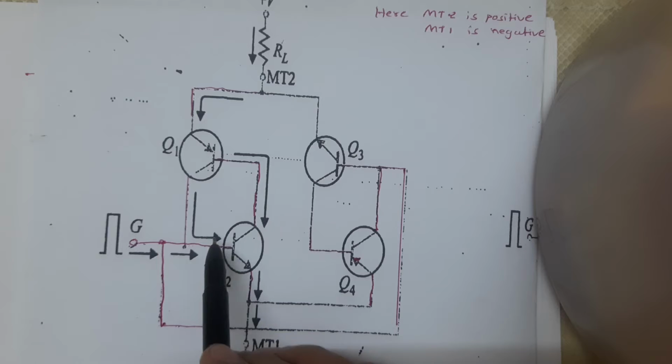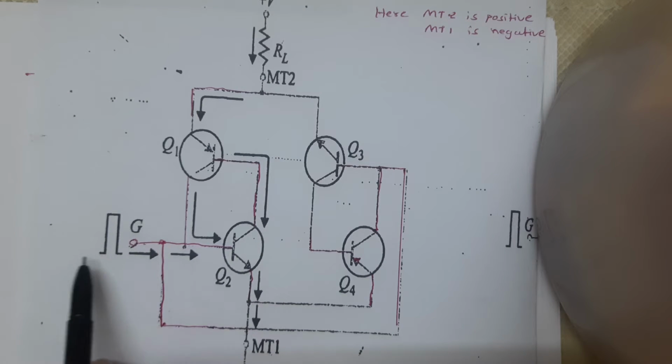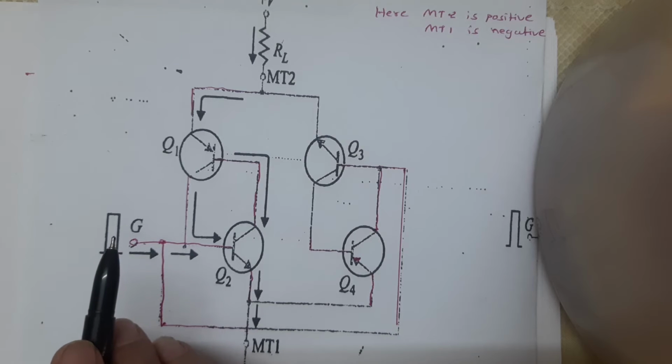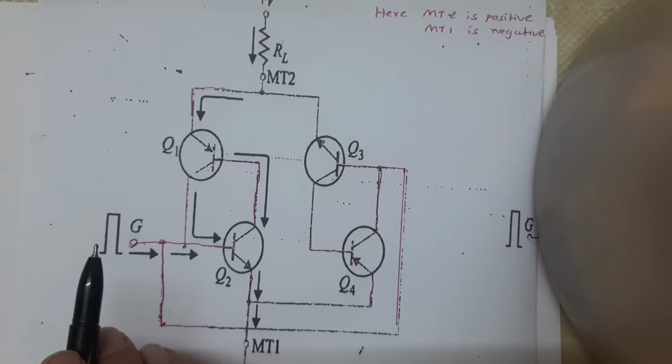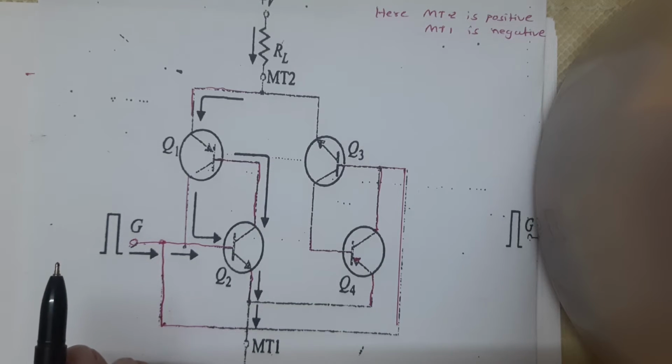From the gate we apply the signal, an AC signal or square wave or whatever we want to apply. Here, from the positive feedback, both transistors Q1 and Q2 are quickly driven to saturation and a large current flows through the load RL. This is as if a switch between MT2 and MT1 were closed.